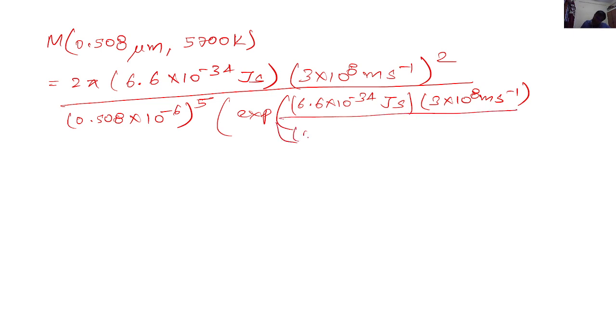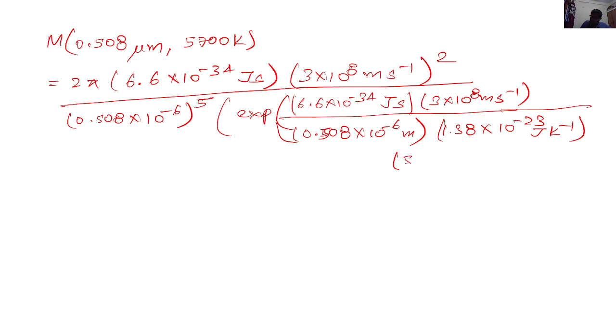Lambda again comes here, so lambda is 0.508 into 10 power minus 6 meters. k is the Boltzmann constant, 1.38 into 10 power minus 23 joules per Kelvin, times T. T we have to put in absolute terms, so it is 5700 Kelvin, minus 1. So this is the expression.